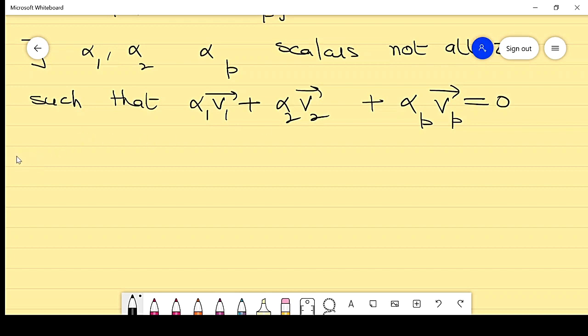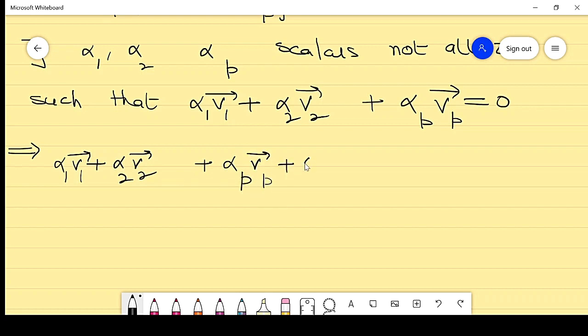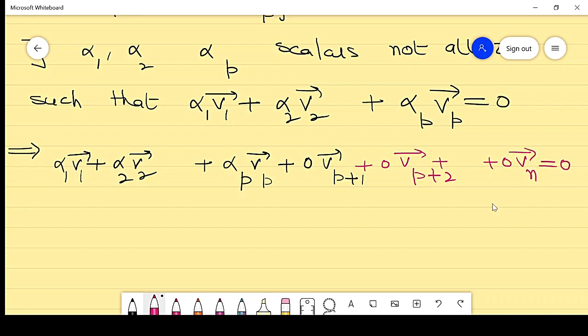Now this equation can be written as alpha 1 V1 plus alpha 2 V2 plus alpha p Vp plus 0 into Vp plus 1, 0 into Vp plus 2, and so on, 0 into Vn vector, which is equal to 0.